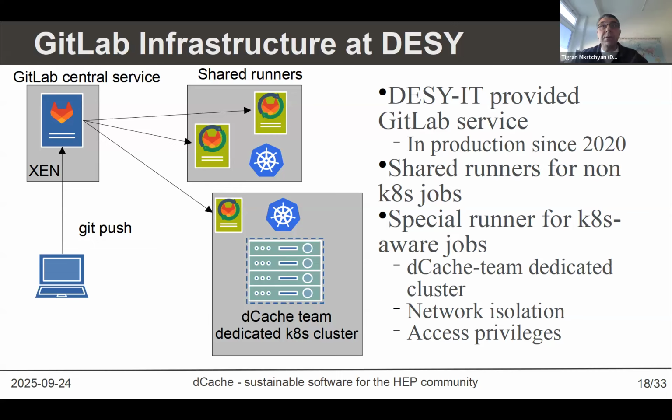Nonetheless, we have zero dependencies on any other DESY infrastructure. So technically, our pipeline can run anywhere where GitLab exists and there are runners which allow spawning new containers in Kubernetes.